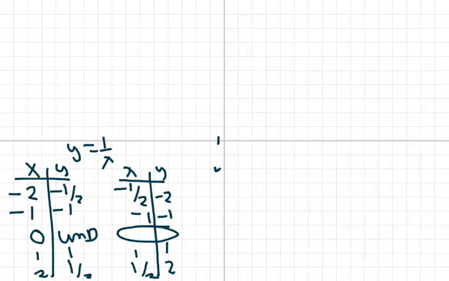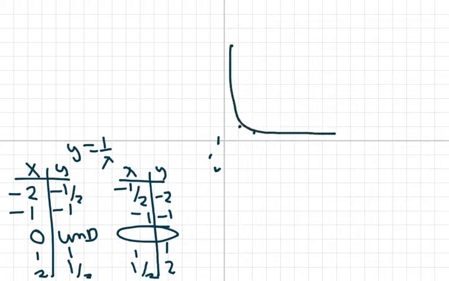Negative 1 goes to negative 1. 1 goes to 1. And 2 goes to 1/2. So basically, when you graph this, and you can actually put more values in, you're basically getting the same thing as you got before.